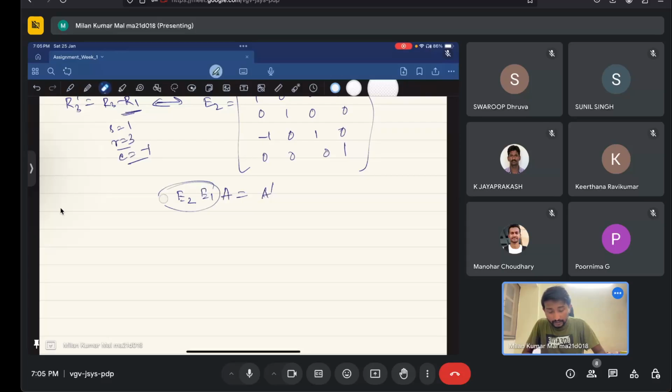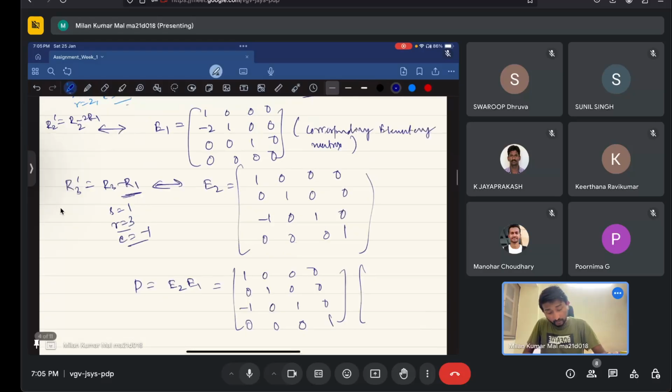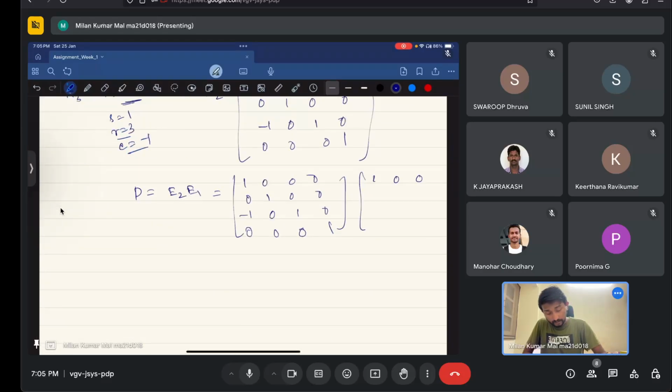So let's take P equals E2 E1. What is E2 here? 1 0 0 0, 0 1 0 0, minus 1 0 1 0. This is E2, and E1 is 1 0 0 0, minus 2 1 0 0, 0 0 1 0, 0 0 0 1.